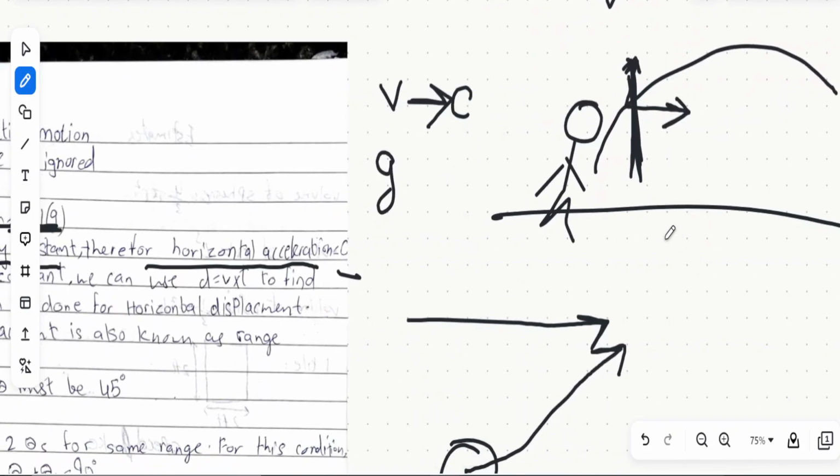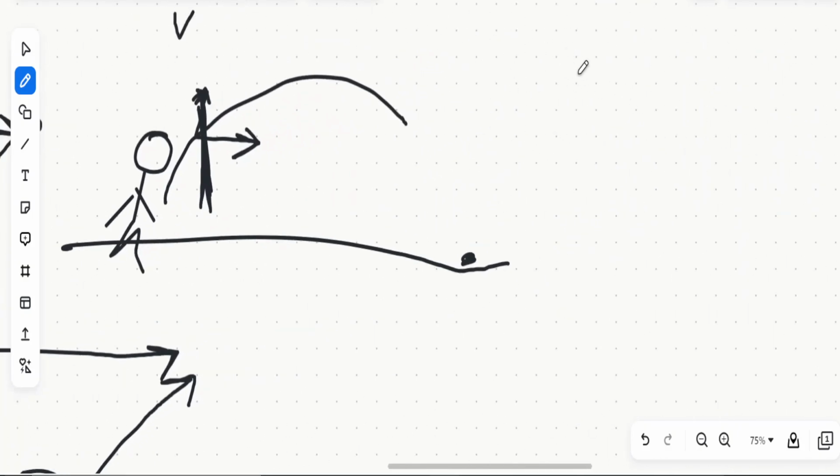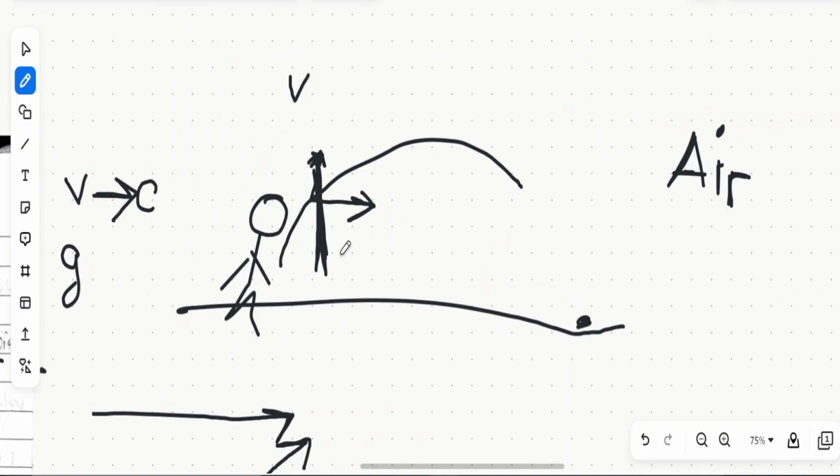Why is that? Because in all of the questions that you'll find, they will say that air resistance is negligible. When they say air resistance is negligible, that means there are no molecules in the air. We assume this. Obviously, this is not true. If this was true, then we'd not be breathing right now. But anyways, air resistance is negligible.